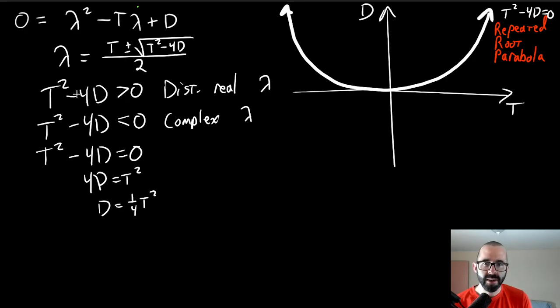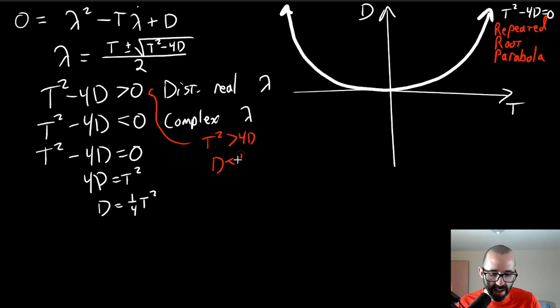And furthermore, we can say more things by incorporating this, right? If this is positive, something happens. Now be very careful, right? If this is positive, that's when t squared is bigger than 4d. That's when d is less than a quarter t squared. So this being positive actually is beneath the parabola.